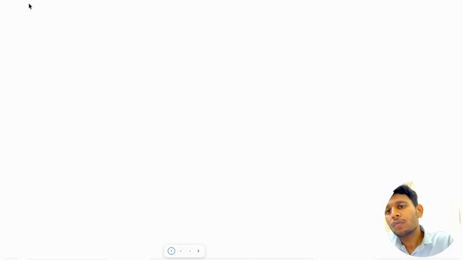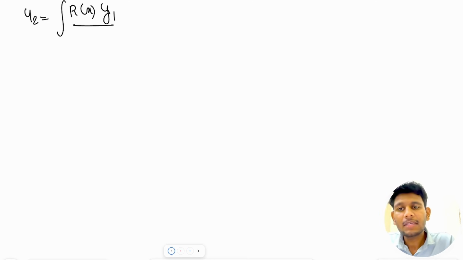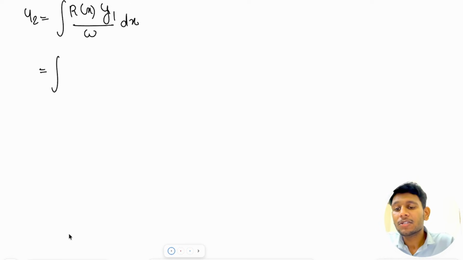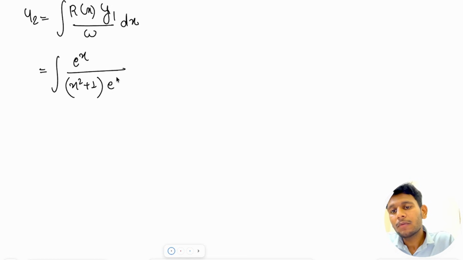What will be your u2? So your u2 will be integration of right hand side into y1 divided by Wronskian into dx. What is your y1 here? y1 is equal to e to the power x. So it will be integration of e to the power x divided by x square plus 1 into e to the power x divided by e to the power 2x dx.